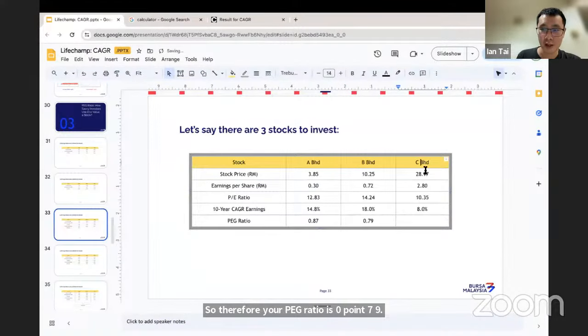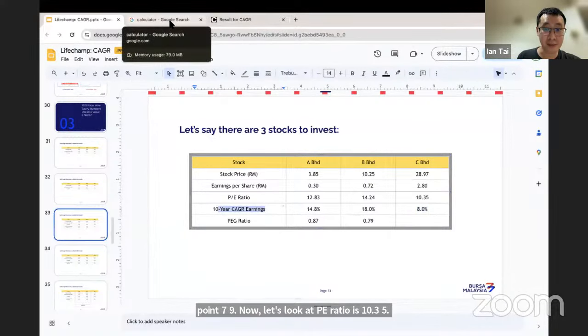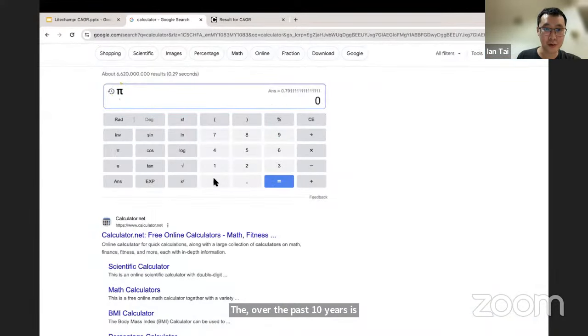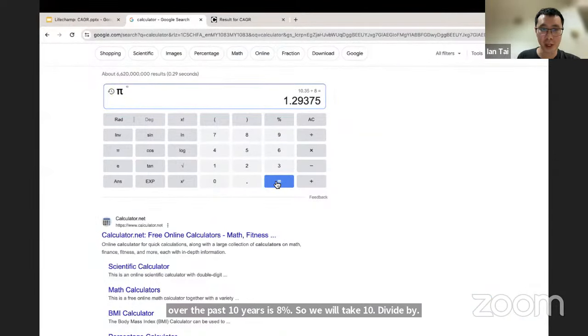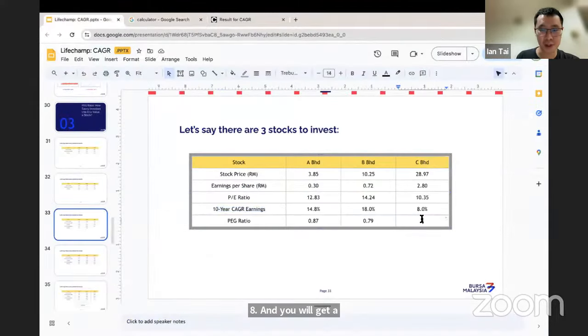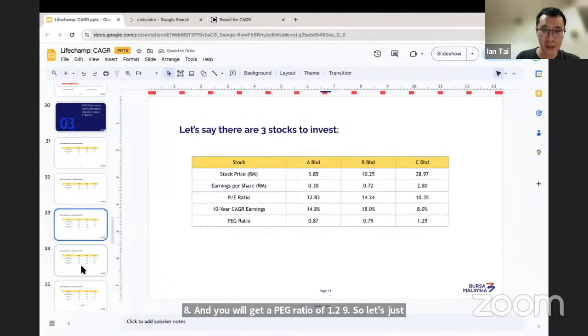Now, let's look at C Berhad. PE ratio is 10.35. The earnings CAGR over the past 10 years is 8%. So we will take 10.35, divide by 8, and you will get a PEG ratio of 1.29. So let's just put here 1.29, which will lead us to our next slide.